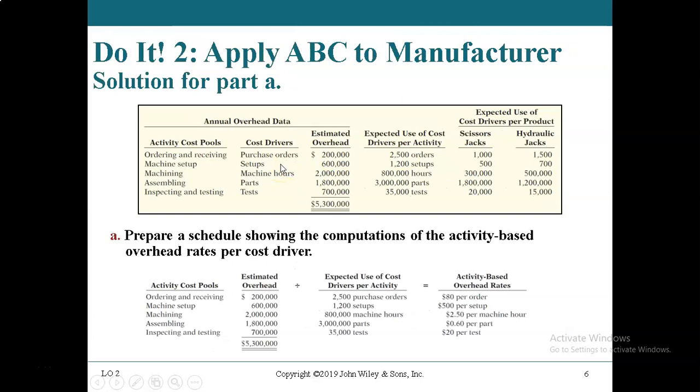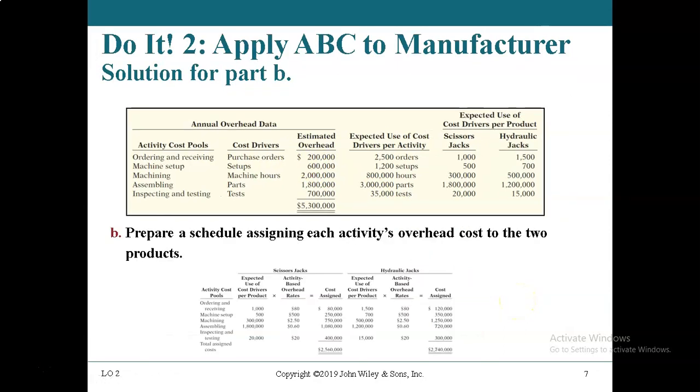What was the rate for each order? It was $80 per order. So we're putting all of the steps together. How many setups does scissor jacks use? It's right here, 500. 500 times what's the setup cost? That was from the prior slide. It's $500. So how much machine setup cost is assigned to scissor jacks? 250,000.